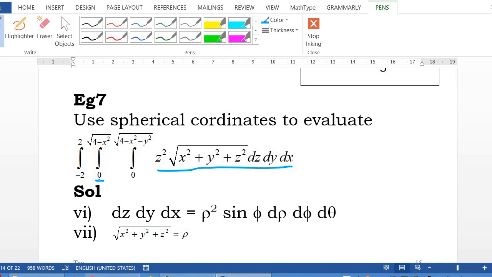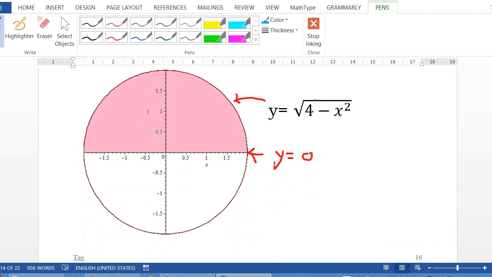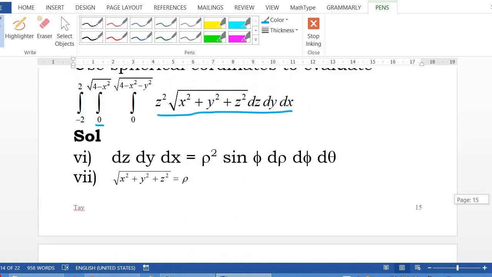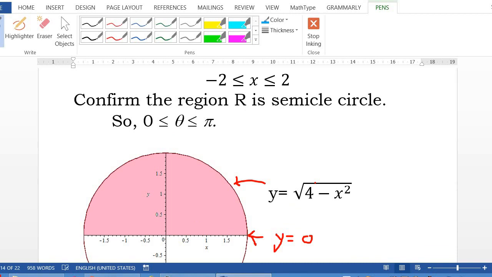The limit for y tells you y from 0 to square root of 4 minus x squared. So it is actually a semicircle here, but is it a full semicircle? You have to confirm it from the limit for x. Negative 2 to 2. So it's a full semicircle.